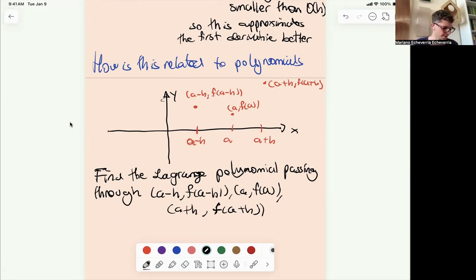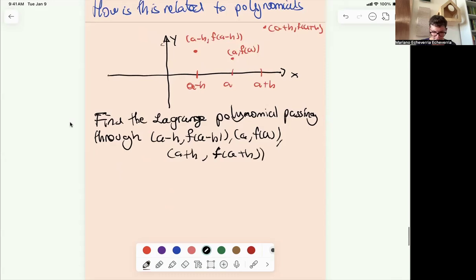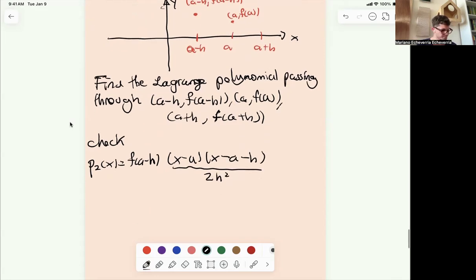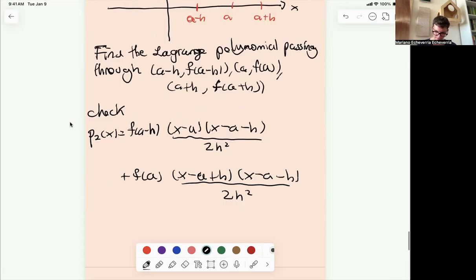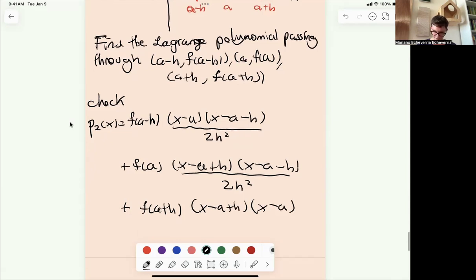Okay, so if you write down the expression, the polynomial that you get, of degree 2, and so it's going to be a parabola, would be f of a minus h times x minus a, x minus a minus h, divided by 2h squared, plus f of a times x minus a plus h, x minus a minus h, divided by 2h squared, plus f of a plus h, x minus a plus h times x minus a, divided by 2h squared.